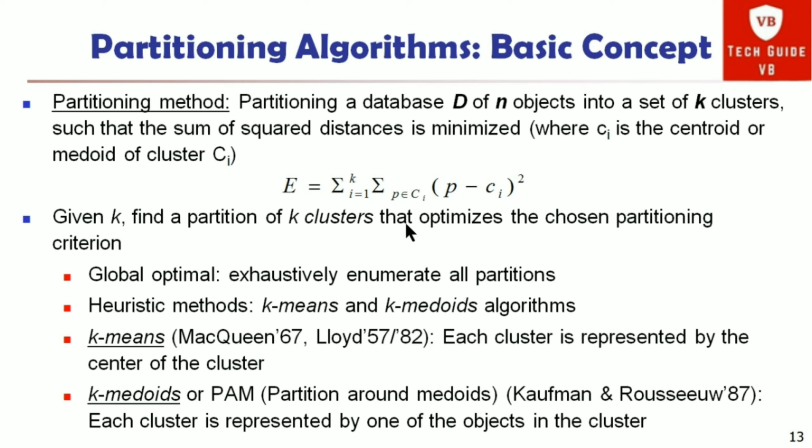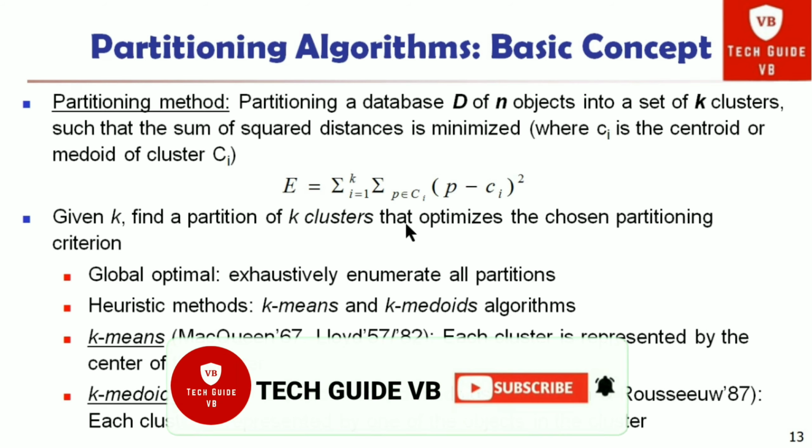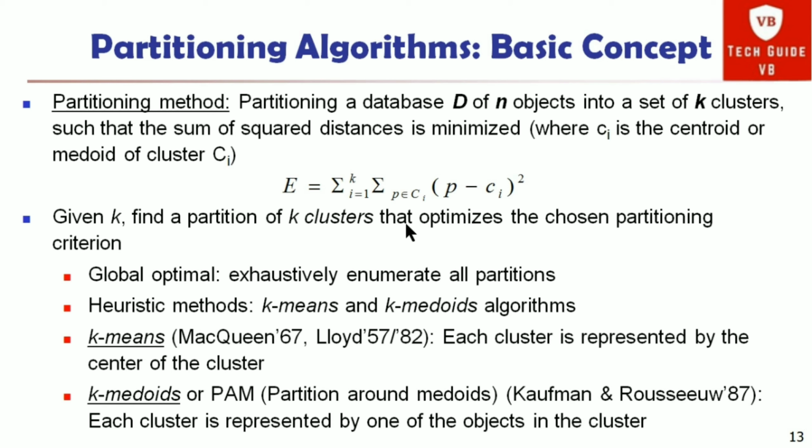So what exactly is a partitioning method? Partitioning a database D of n objects into a set of k clusters such that the sum of square distances is minimized, where Ci is the centroid or medoid of cluster Ci.